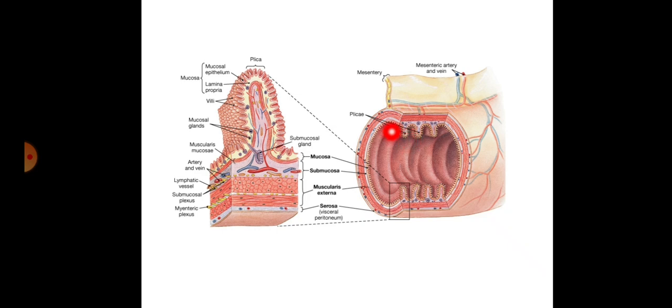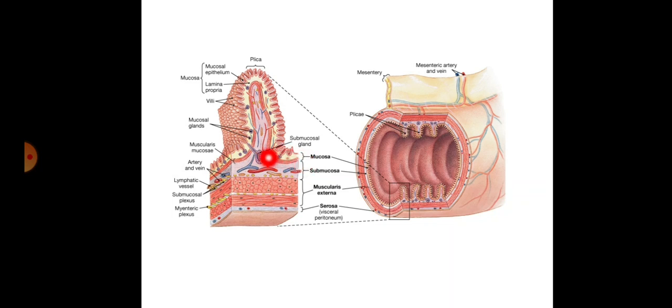Again, this is the mucosa, submucosa, muscularis layer, serosa or adventitia. The mucosa is subdivided into lining epithelium and lamina propria. This lamina propria consists of connective tissue which contains glands and vessels.